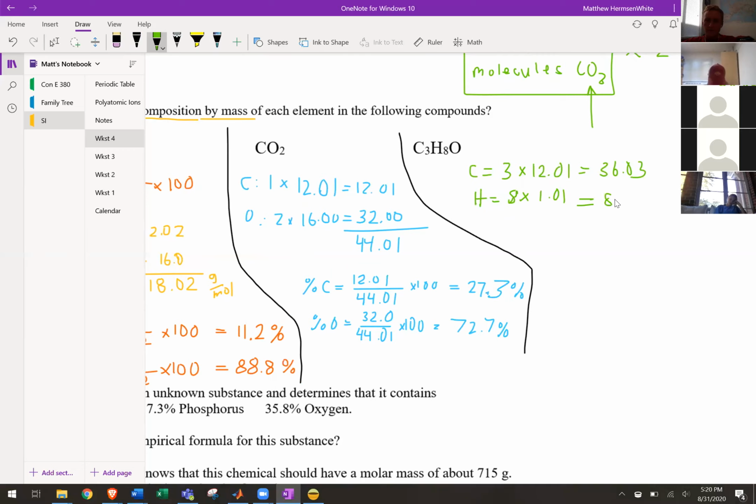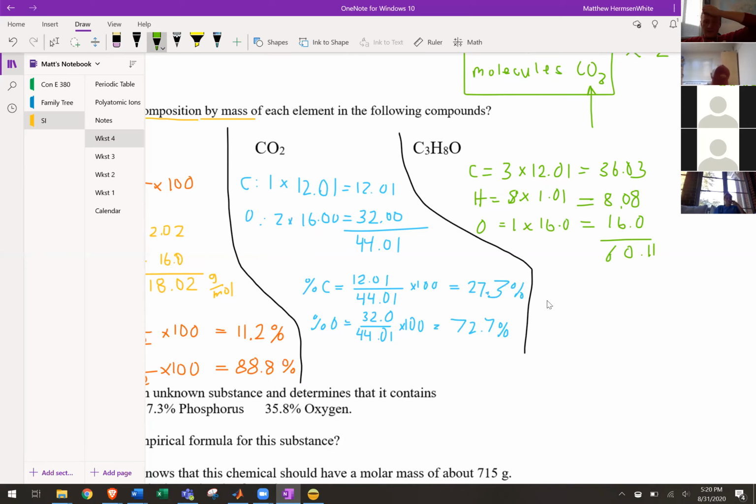That will give us 8.08. And then oxygen, we have 1 oxygen times 16, which is just 16. So adding those up, you should get 60.11 for the total molar mass.